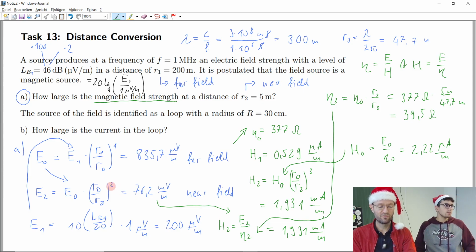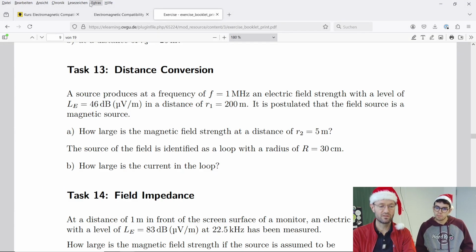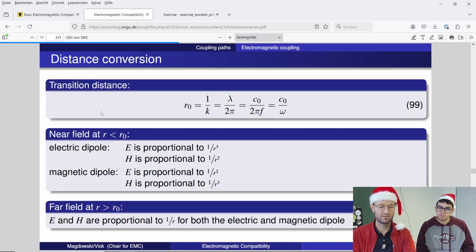That's a good question. So for the electric field we have a factor of 2, for the magnetic field we have a factor of 3. And these exponents come from the theory. So if I open up the lecture slides once again, and luckily they're on the same page. So here it says the near field for the electric dipole, we have r to the power of 3 for the electric field, r to the power of 2 for the magnetic field.